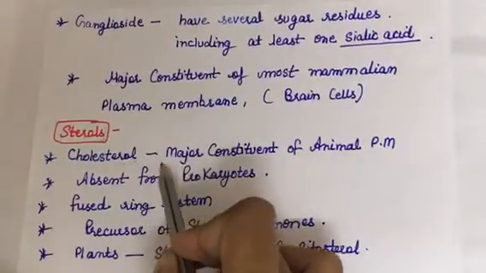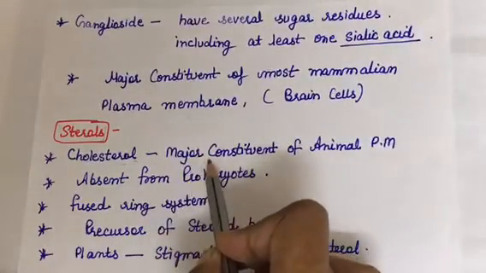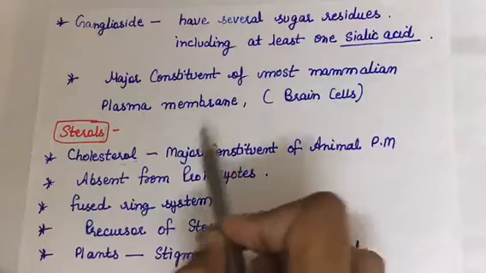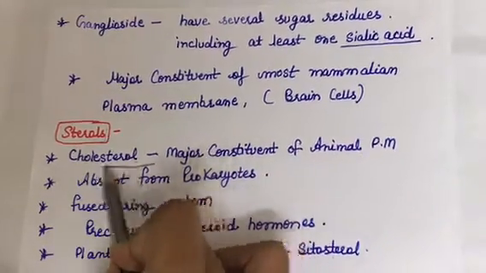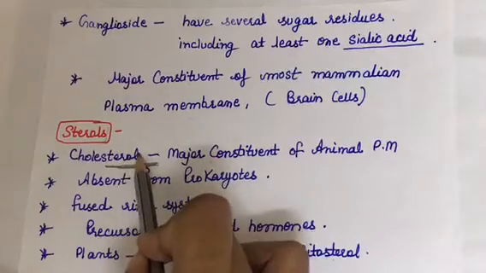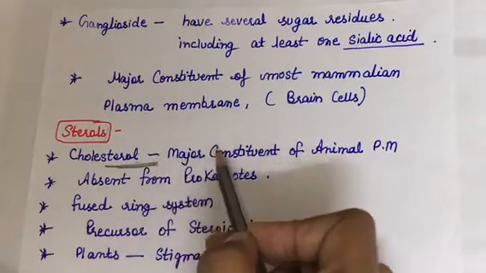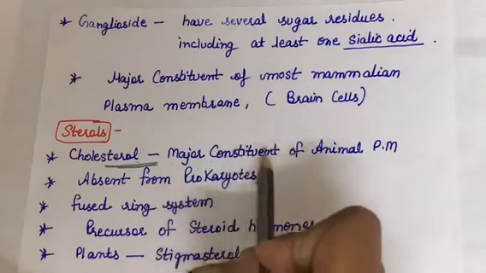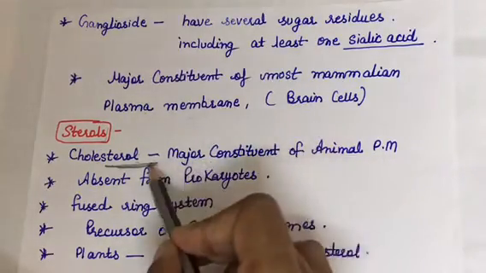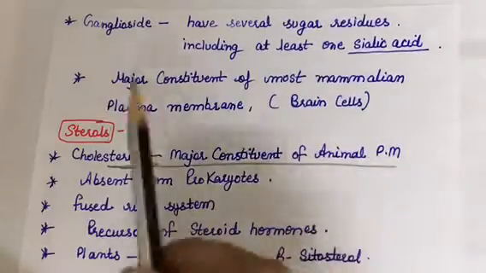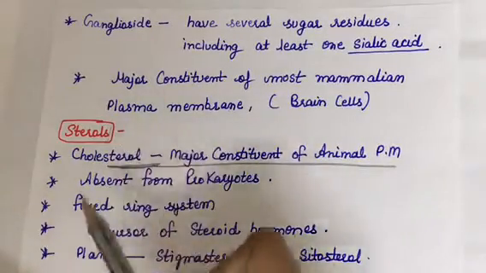This cholesterol is very important in our living system, in our plasma membrane. In certain animal cells, cholesterol makes up about 50% of the lipid molecules in the plasma membrane. So it holds great importance in the plasma membrane, and I'll talk about it in detail in my next video.